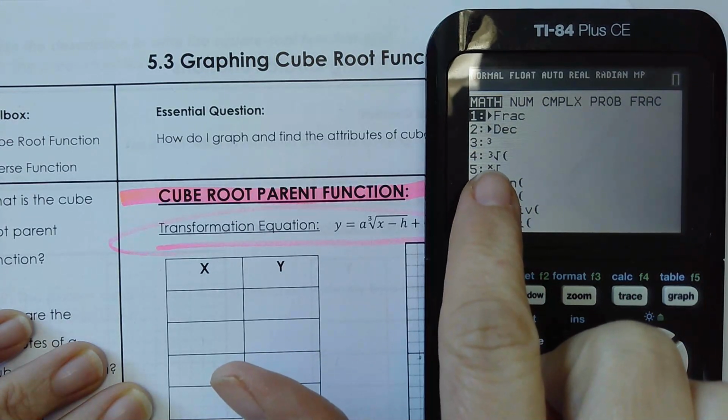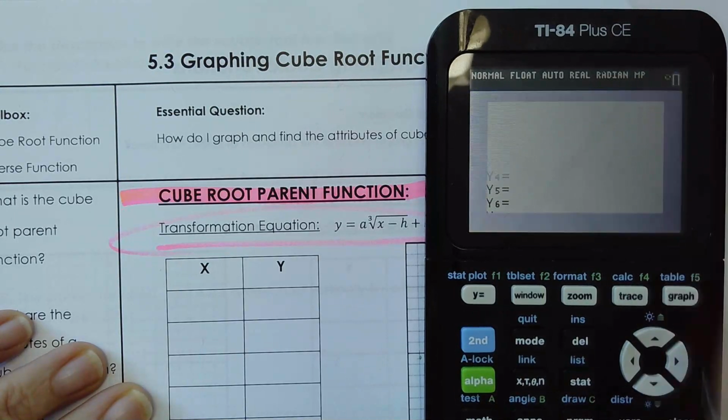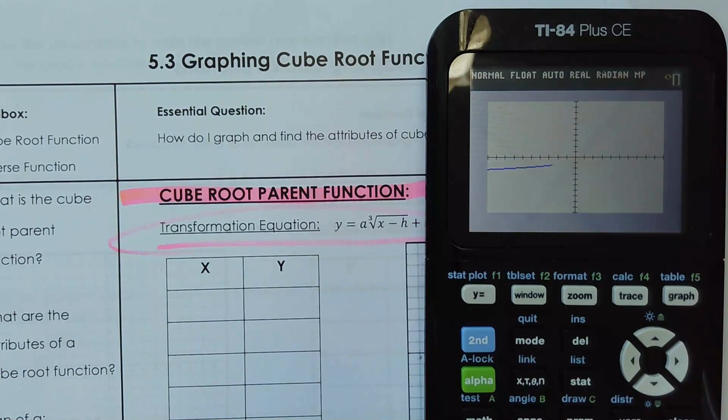This one's already set up to be a cube root, so I'll just do that one. And I'm graphing cube root of x. X is a button right here, it says x, t, theta, n. That's where I get my x from. So I can graph this in the calculator, and it looks like this.